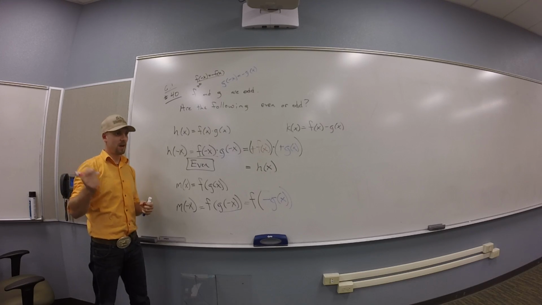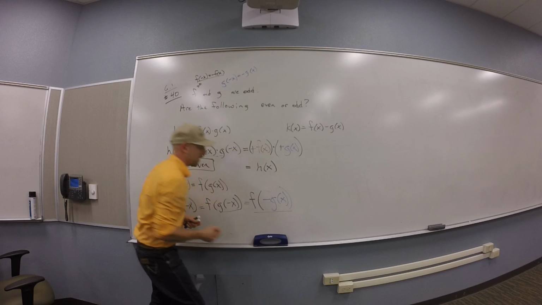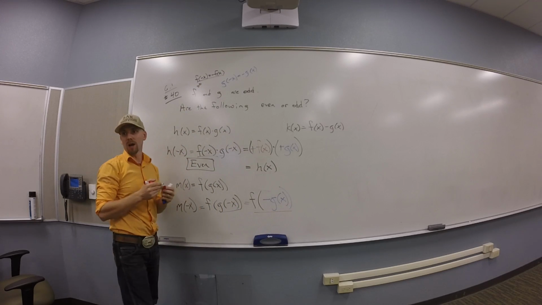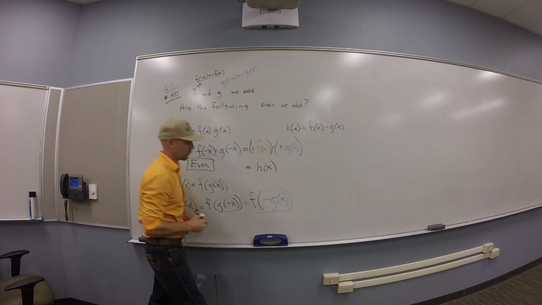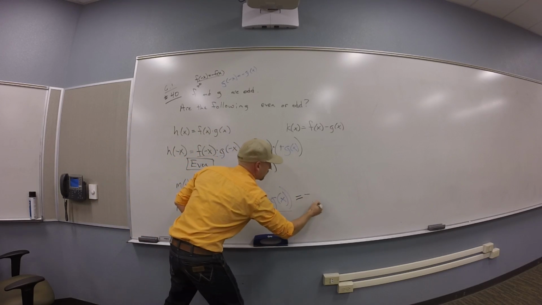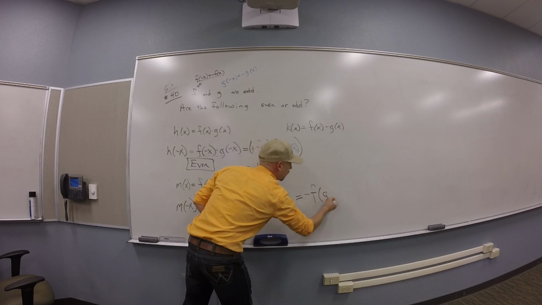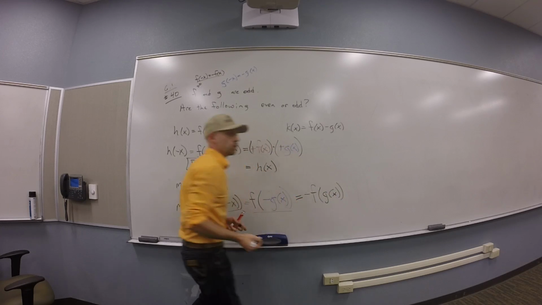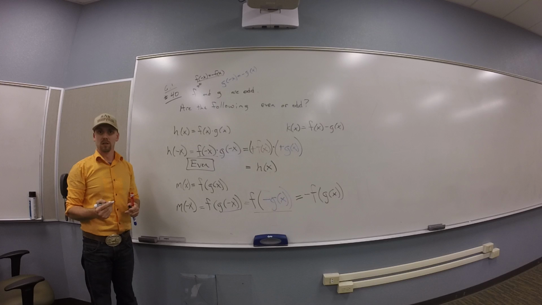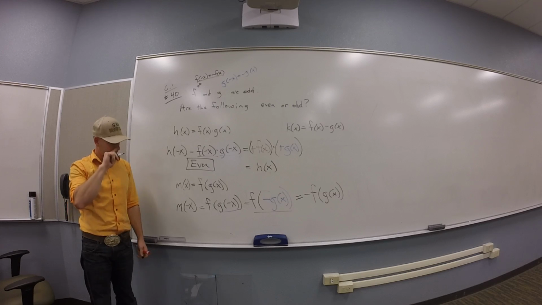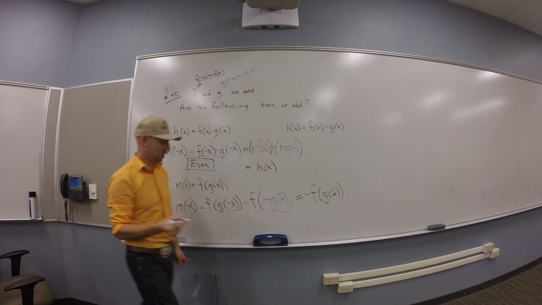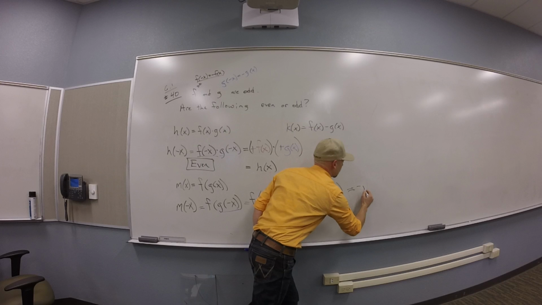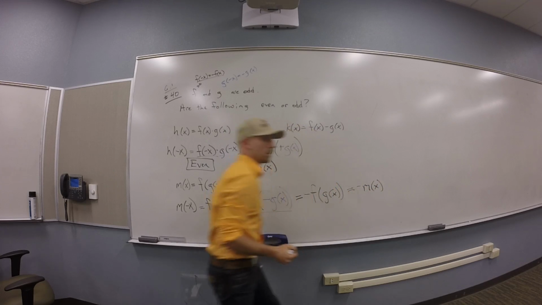Yeah, use your red fact, right? f of minus things is minus f of regular things. So you replace this with minus f of whatever you had in there, which is g of x in this case. And what's f of g of x? That's the function m that you started with, right? So in the end you get minus m of x.